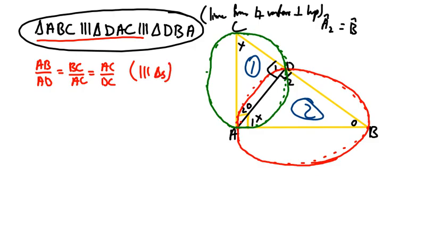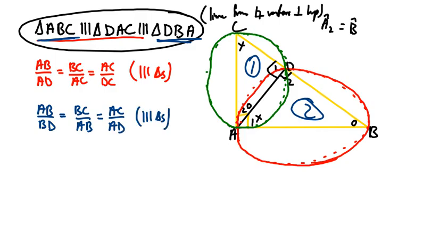I can compare the first and the last, and that will bring me the following ratios. AB over BD, I'm just writing the sides in alphabetical order. AB over BD, that is BC over AB, and that should also be AC over AD. Reason is the same, similar triangles.